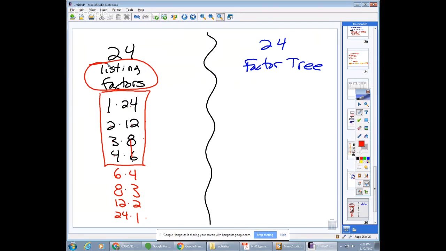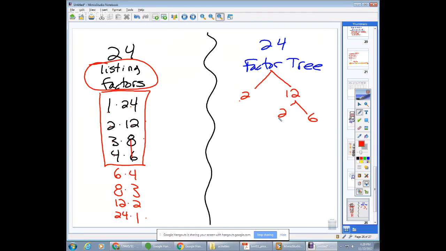Now that's different from a factor tree. A factor tree is where I say, well, 2 goes into 24 12 times. I note that 2 is prime, nothing goes into it besides 1, so I leave it alone. Then I break down 12. How would I break down 12? There's lots of ways. I could go 2 times 6, right?